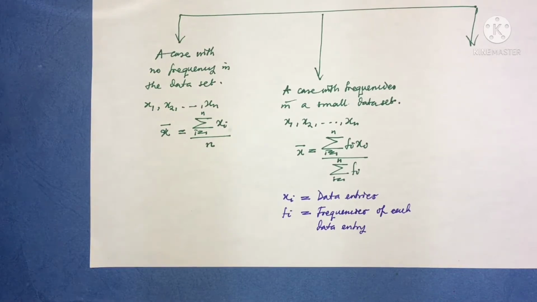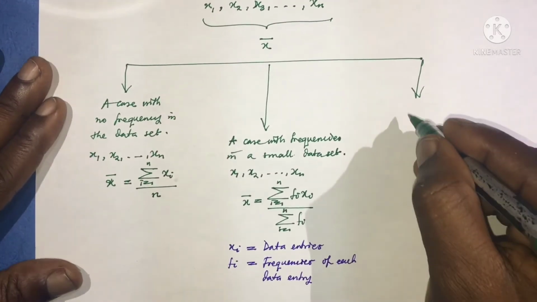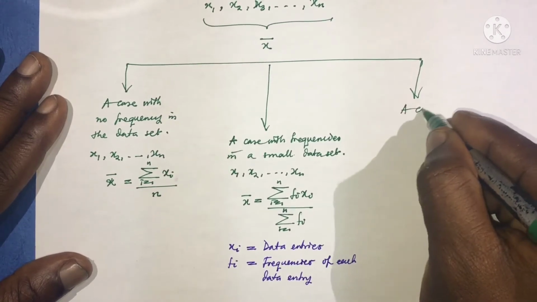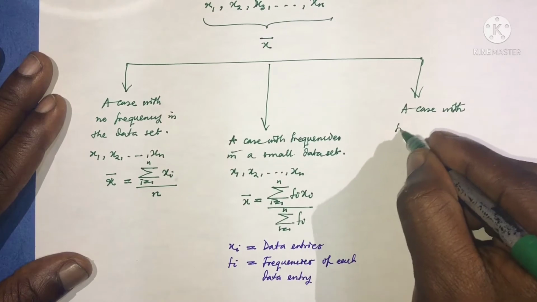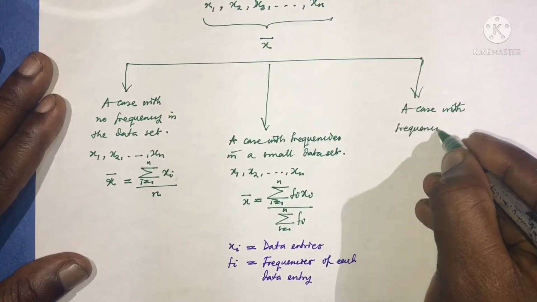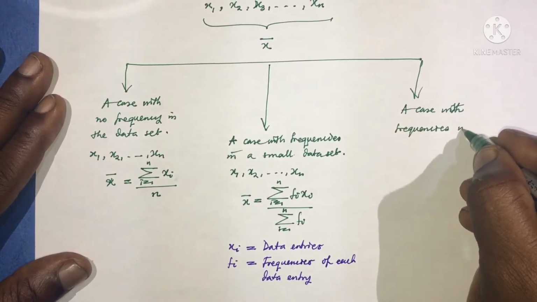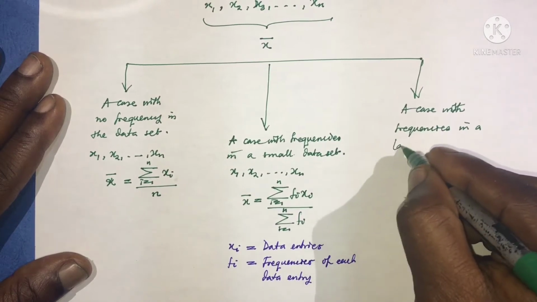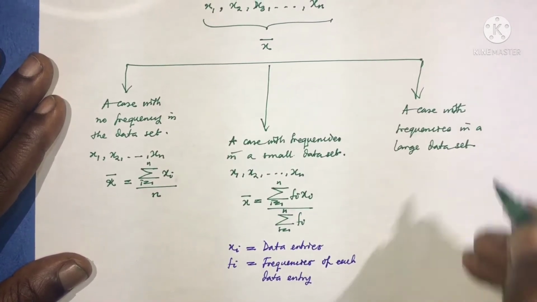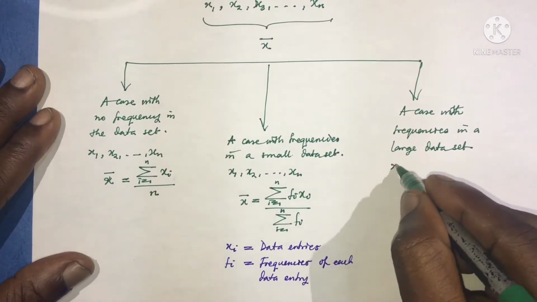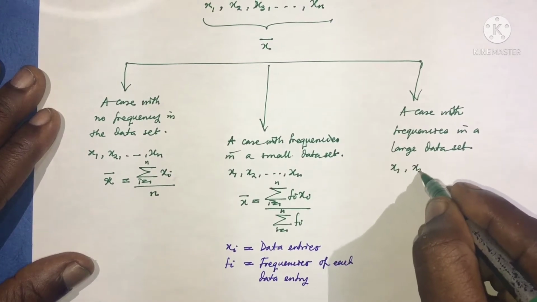Now for case 3, it was a case with frequencies in a large data set, that is, when n is large.